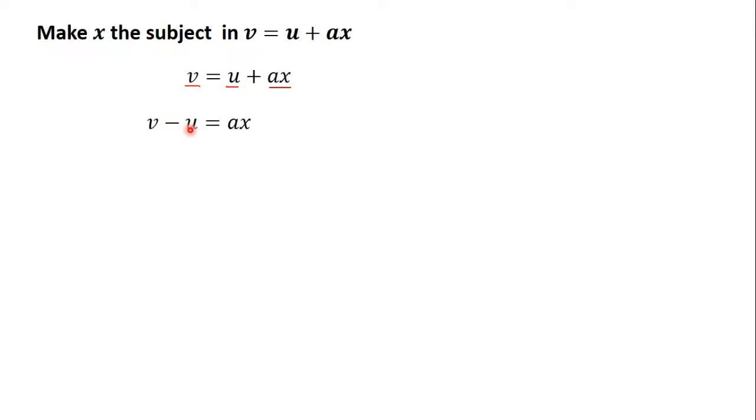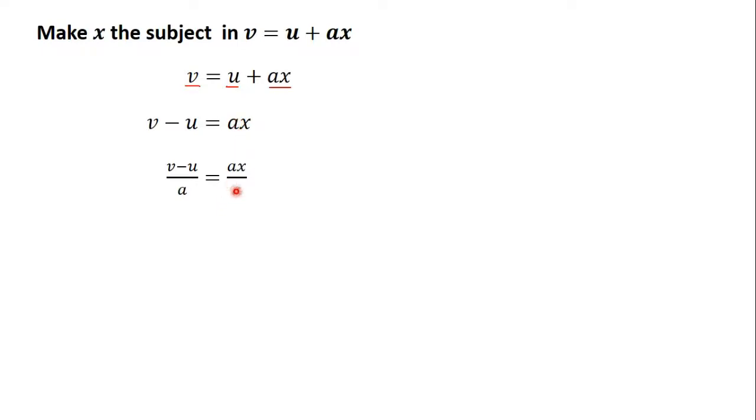In linear equations, we said that if you want to make x the subject or find x, you divide through by the variable attached to x. Here, the term attached to x is a. So you divide both sides by a. You divide the left hand side, which is v minus u, by a, and divide the right hand side, which is ax, by a.